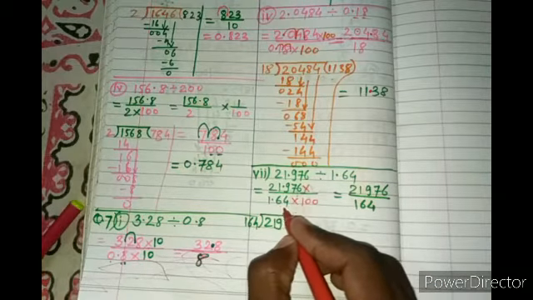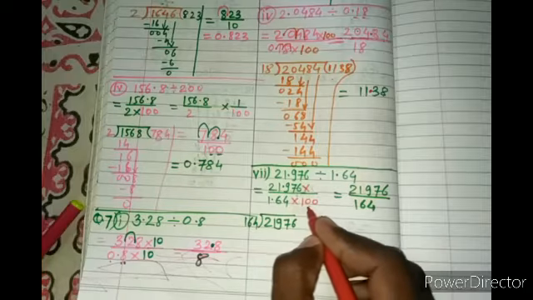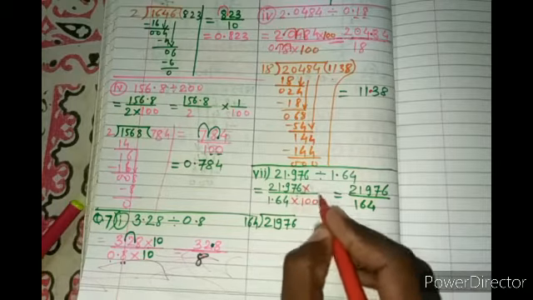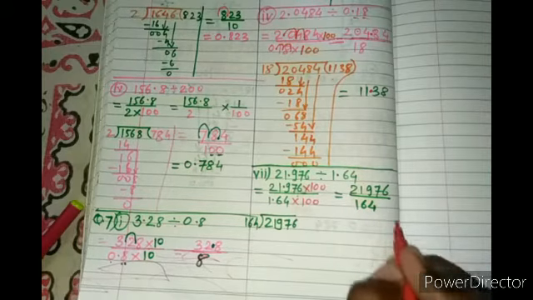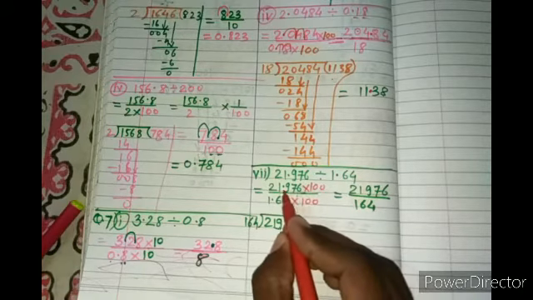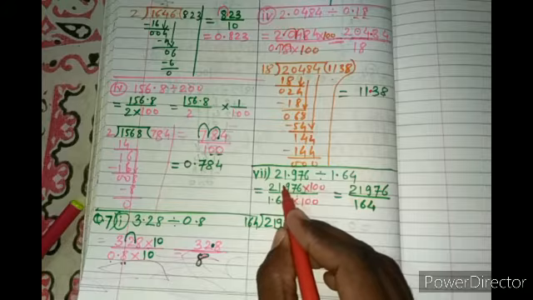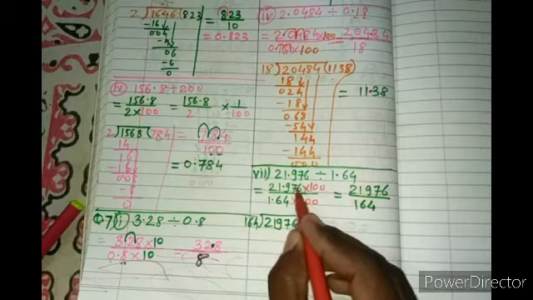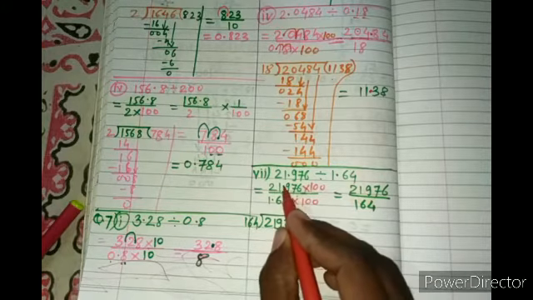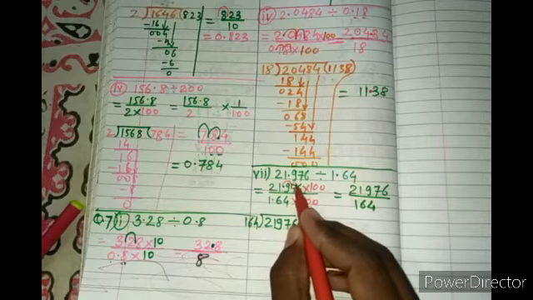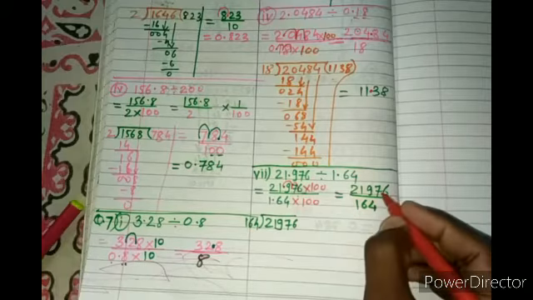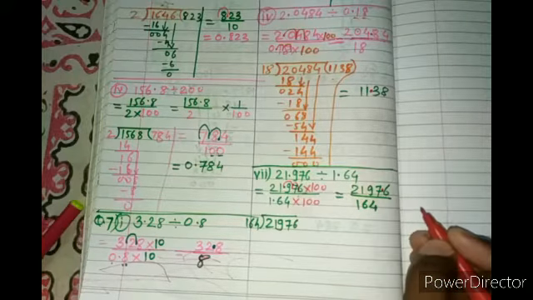The number of decimal places after the decimal point gives the number of zeros with 1, so in the numerator also. So the denominator would be 164. And what is the effect of this 100 on the numerator? Shifting of the decimal point 2 places toward the right, so after 9 and then after 7. So after 7 is the final place, so I will place the decimal point here.